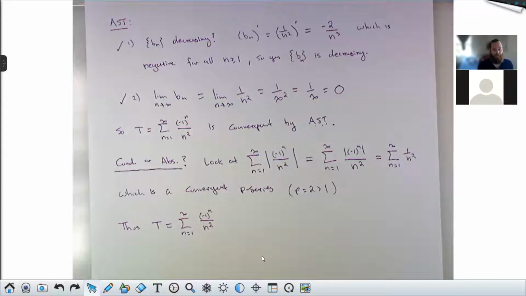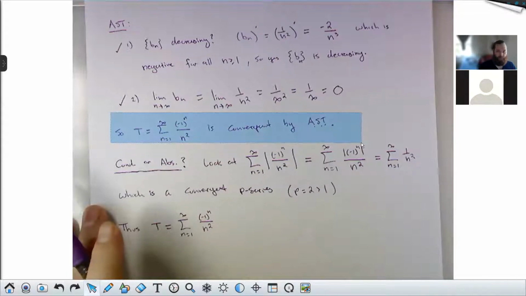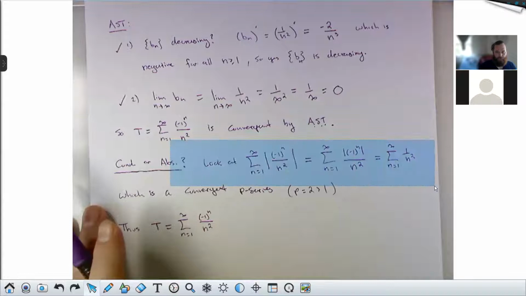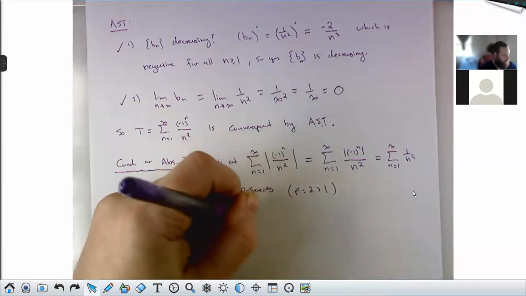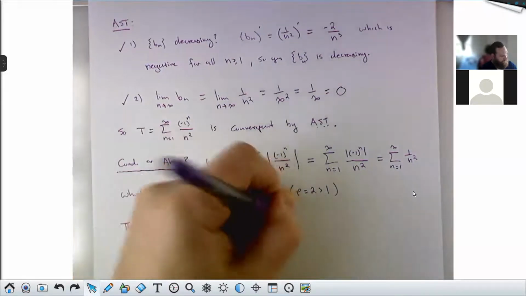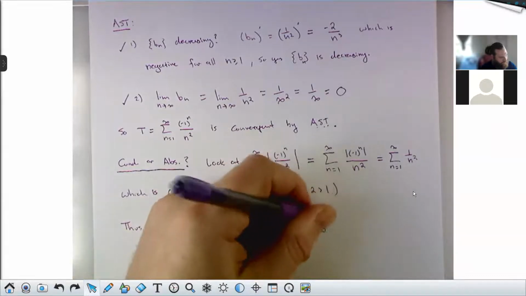Anyway, so we found that the series T converges by the alternating series test. That was good news. And then we looked at the absolute value series, and that also converged, which means that this original series converges absolutely.